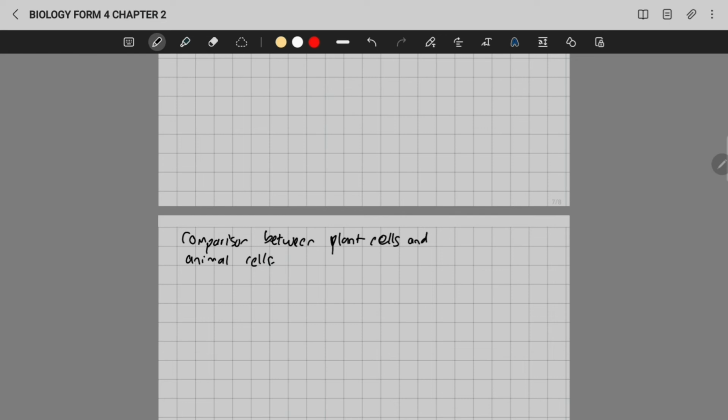This is one of the favorite questions that is likely to be asked in your SPM. So you need to master what is the difference between the animal cells and plant cells.